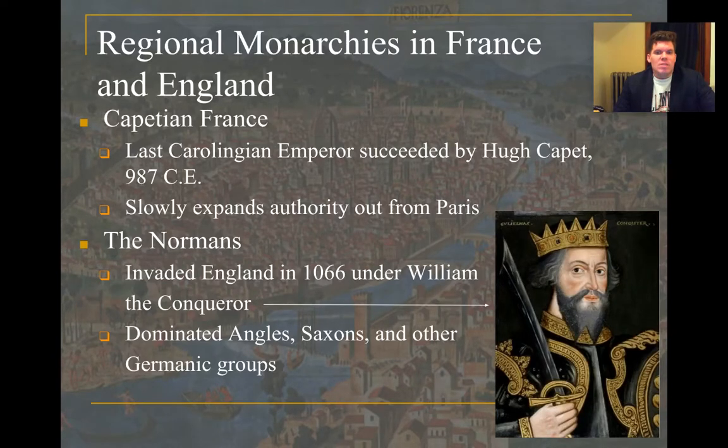And the only time somebody successfully invaded England happened in 1066 CE by a guy by the name of William the Conqueror. And he dominated the local people that lived in England, who were the Angles and the Saxons and other assorted Germanic groups. So we see this sort of synthesis of French and English culture come together. And you still see that a little bit in British culture today.